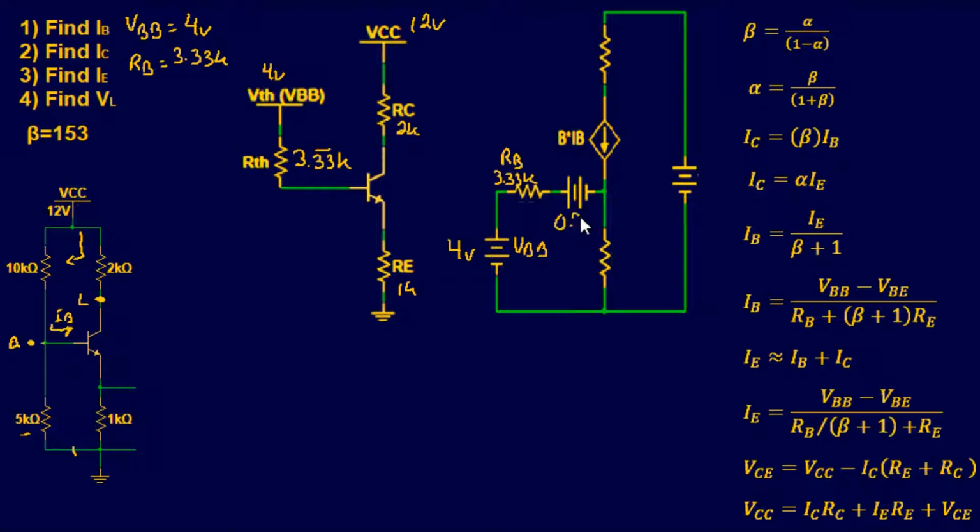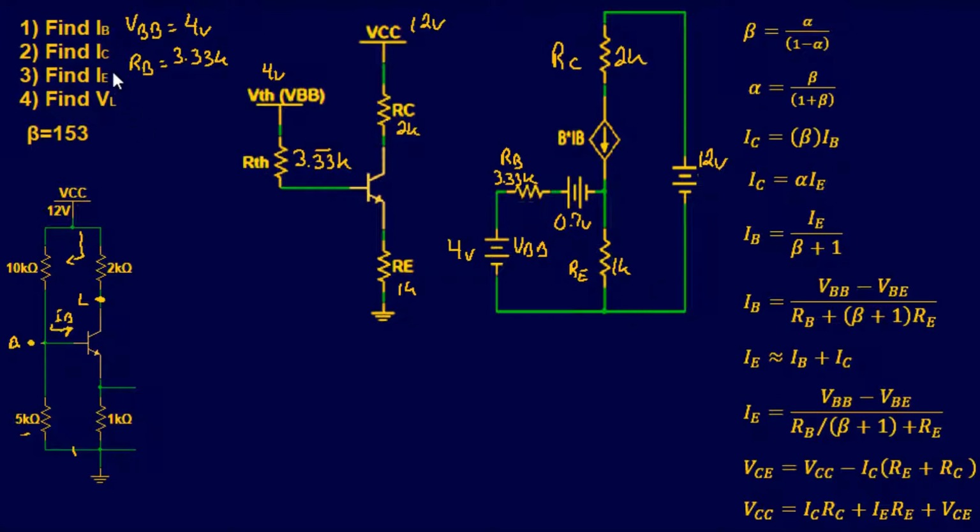We're going to assume VBE is 0.7 volts as usual. Until further notice, always consider 0.7 volts unless they tell you different. Our VCC is 12 volts. Collector resistance, 2 kilo. Emitter resistance is 1 kilo. So we filled in our active region circuit. Step 3 complete. Now let's see if we can plug and chug a few of these.